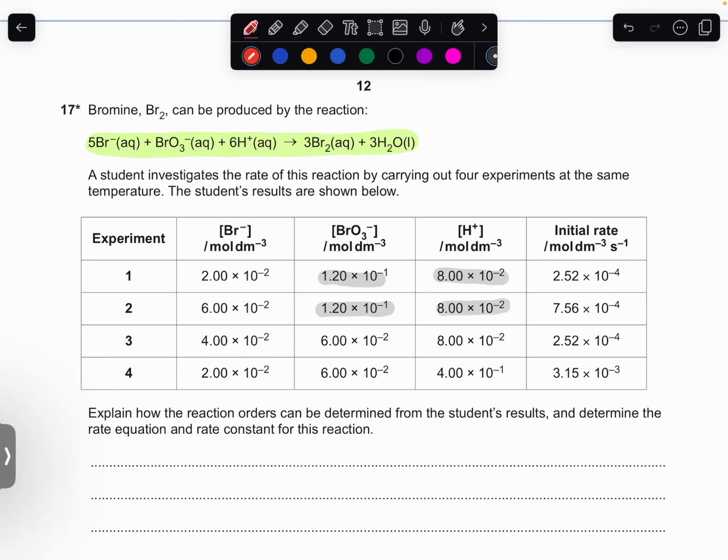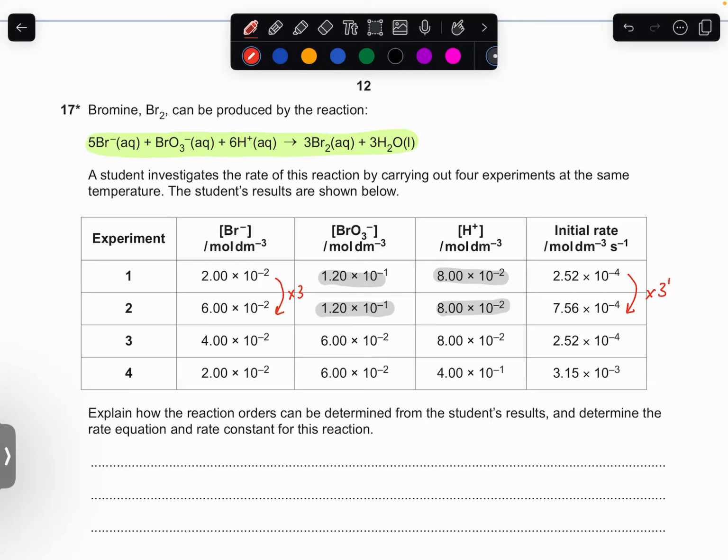But you can see that the concentration of Br minus increases by 3, so it's multiplied by 3, and here we want to see that the rate increases by 3 to the power of x. We don't know what that x is, that unknown. So 7.56 times 10 to the minus 4 divided by 2.52 times 10 to the minus 4 gives you 3. So this is actually first order with respect to Br minus.